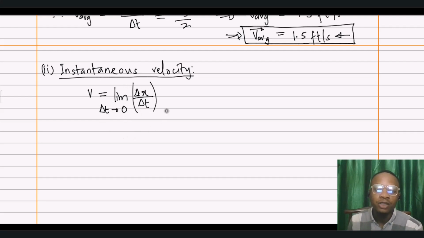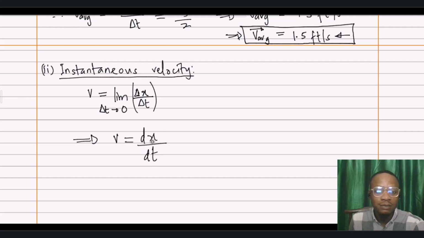From elementary calculus, we know that the limit of delta y over delta x, as delta x approaches 0, is just dy/dx. This is just the definition of the derivative. So by that, we say that v equals dx/dt, in this case of rectilinear motion. It is simply the derivative of x with respect to time, that is the derivative of the position coordinate.